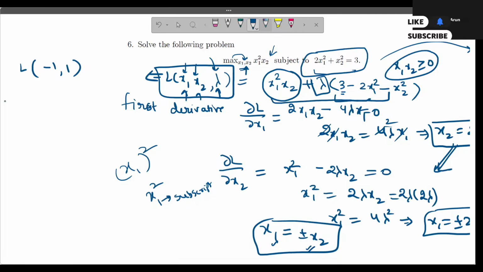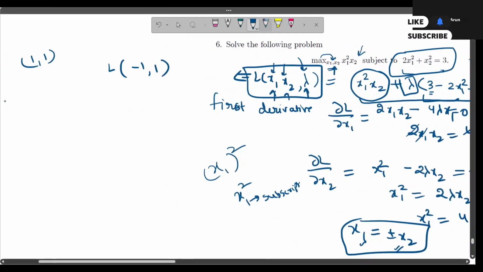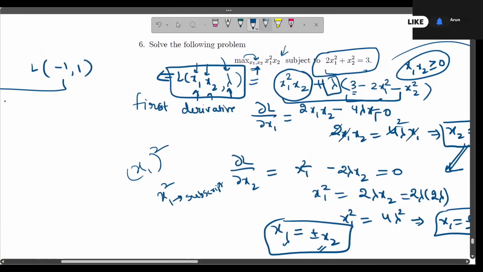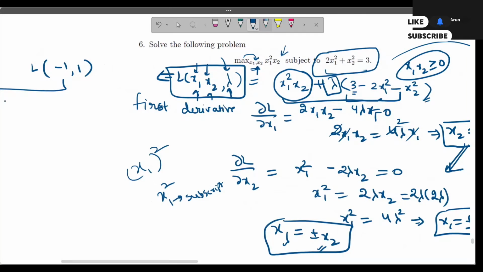So this is the whole function which I have to use: x1 squared x2 plus lambda times the constraint. I need to put in the values. Like the first question we did in the beginning of today's class, you substituted the value, and then you need to see which one of these two is the best option when I am saying maximize. In this case, both of them are giving the same values, since it is squared, it will not affect.